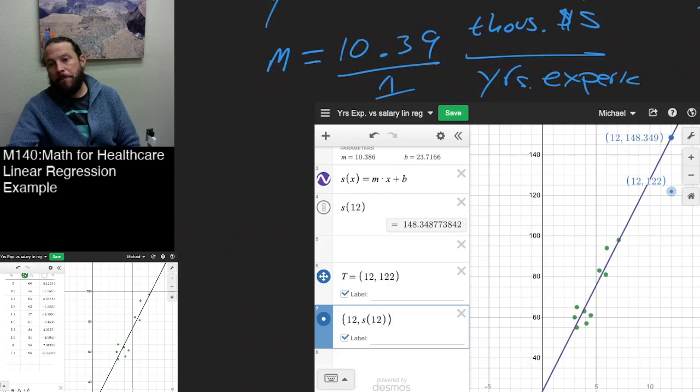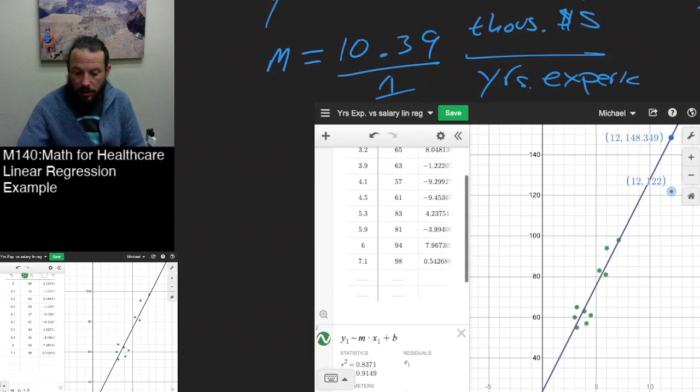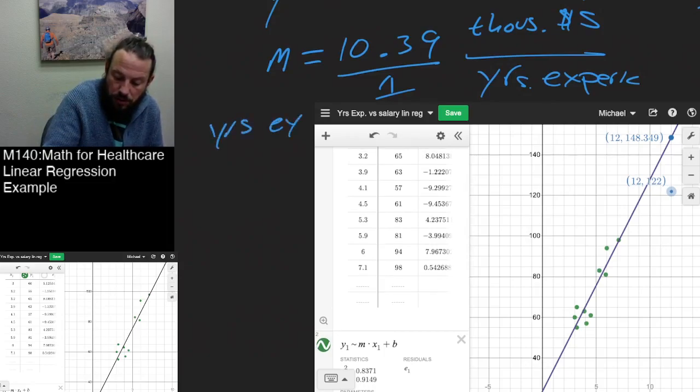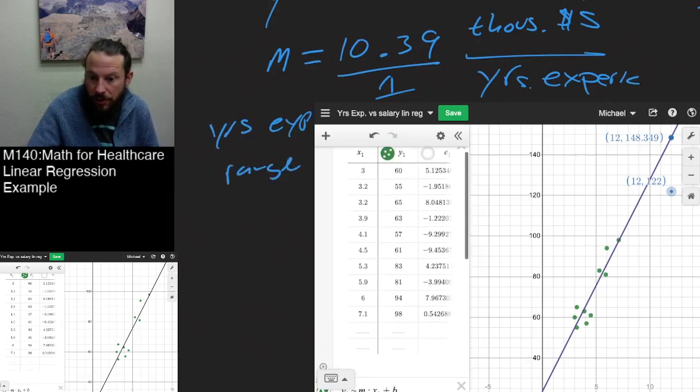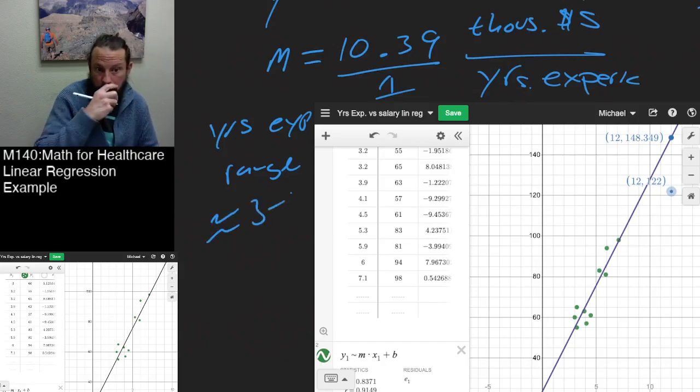So, what's going on? Well, this is what's called extrapolation. Notice in our original data set, the years experience range from, what is it, about 3 to 7 years.